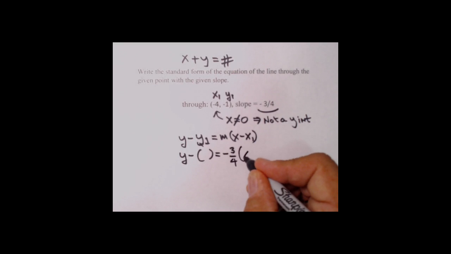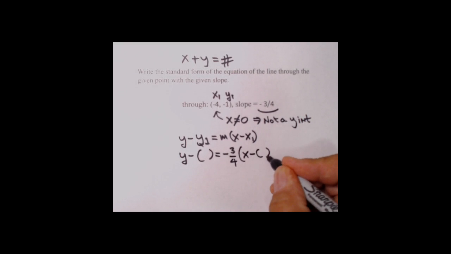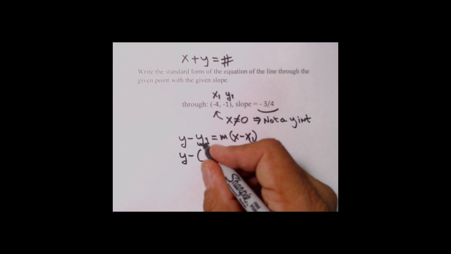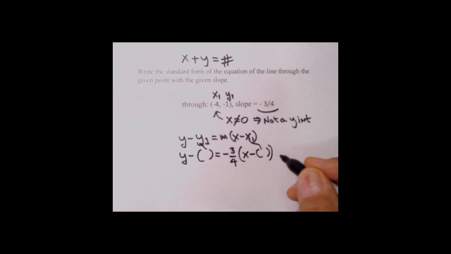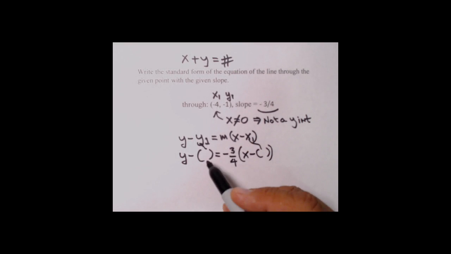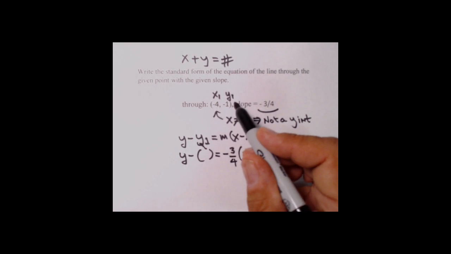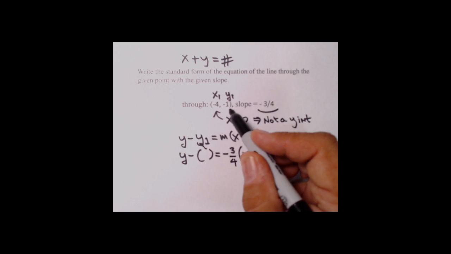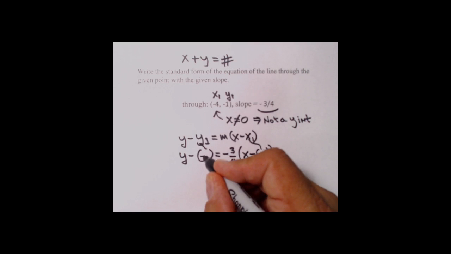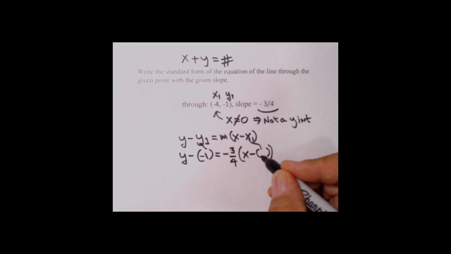And then we have x minus, and here's a hole for x1. Here it is. So here are the two holes that we have. Now again, be careful. This leading hole here is y1, and y1 happens to be -1 here. And the second hole is x1, and x1 is -4.